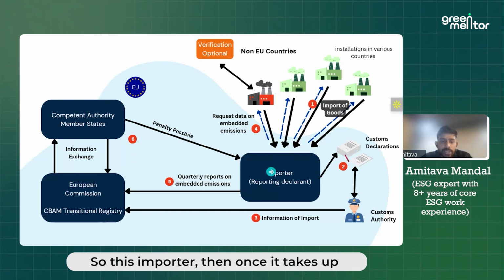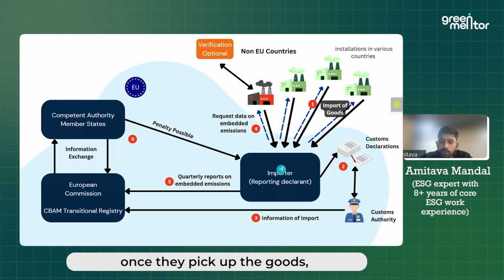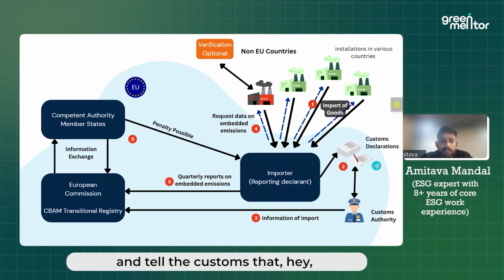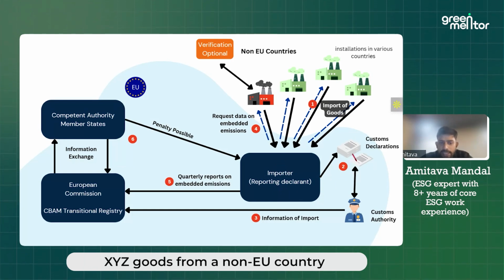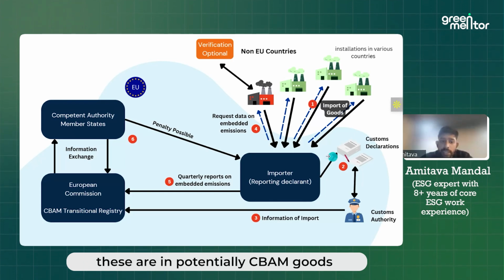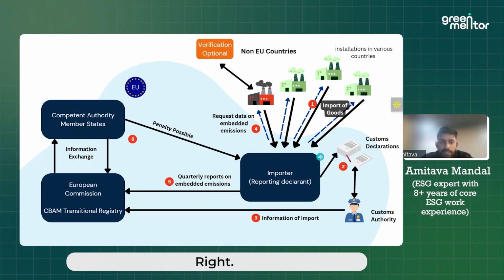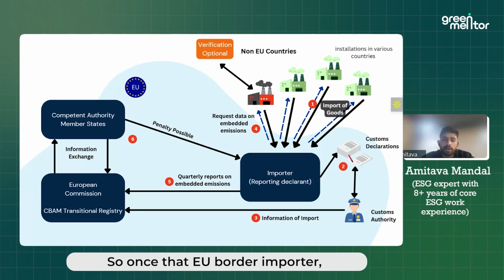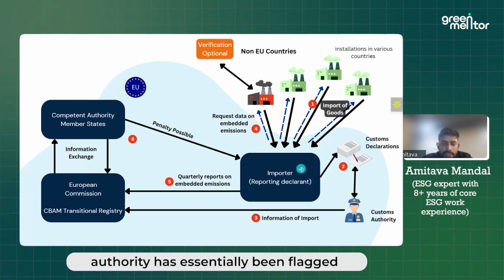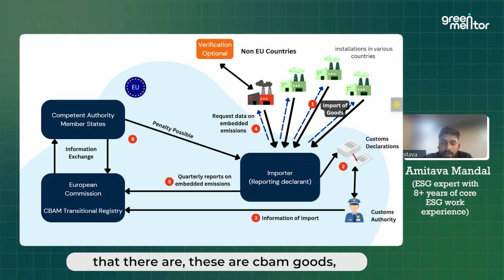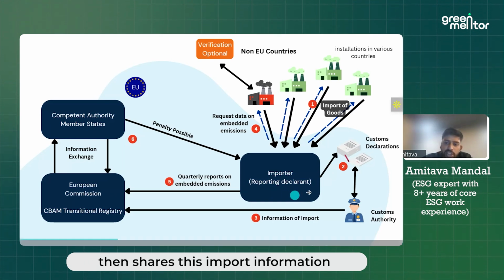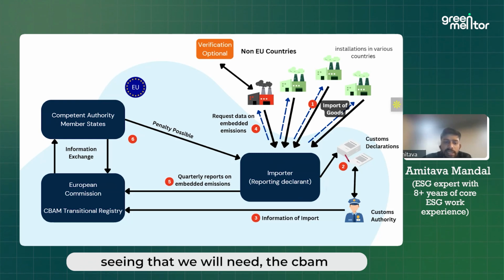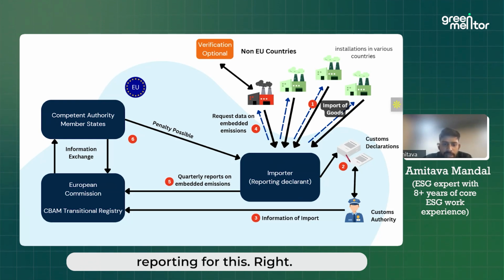Once the importer takes up the goods, they go and tell the customs that, hey, I have imported XYZ goods from a non-EU country, and these are potentially CBAM goods, right? Once the EU border customs authority has been flagged that these are CBAM goods, the customs then shares this import information, saying that we will need the CBAM reporting for this, right?